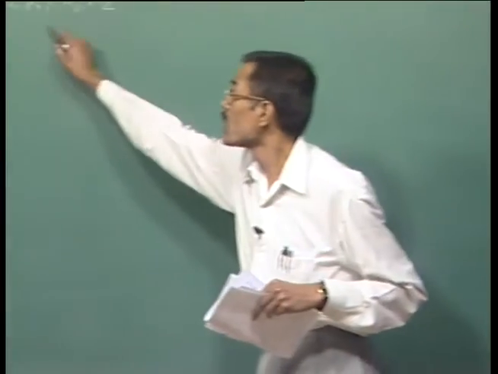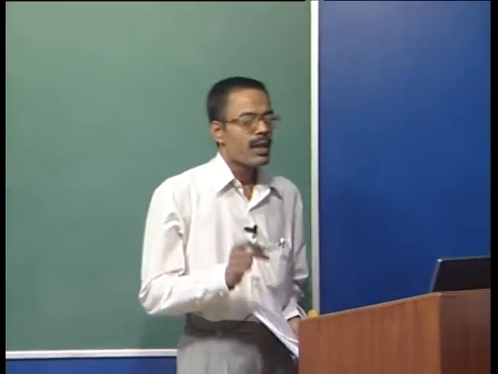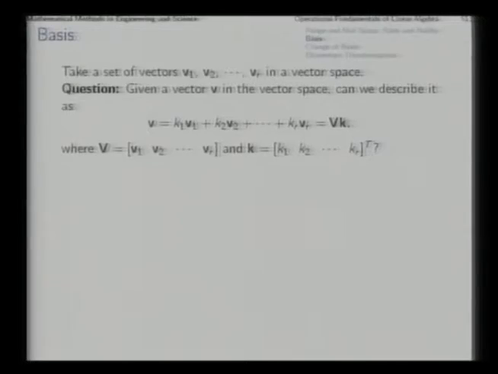These members x1, x2 etc. will be called the basis members. To define a basis, we ask this question: given a vector v in the vector space, can we describe it in this manner as a linear combination of r chosen vectors v1, v2, v3 up to vr?